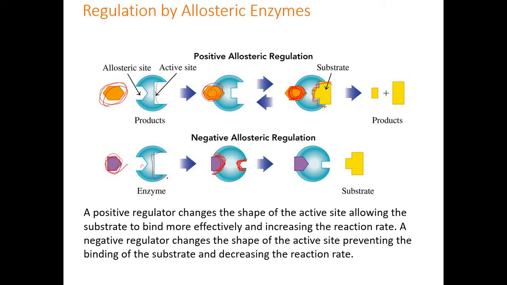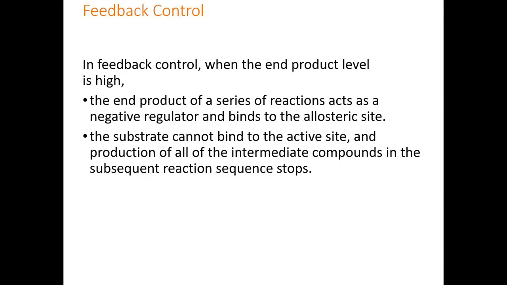So the active site changes shape such that it is harder for the substrate to enter, so it won't fit anymore. So it's a negative allosteric regulation. Okay, so positive allosteric regulation, we need that if we want to produce more, if we want to activate the enzyme. For negative allosteric regulation, if we want to partially deactivate the enzyme.